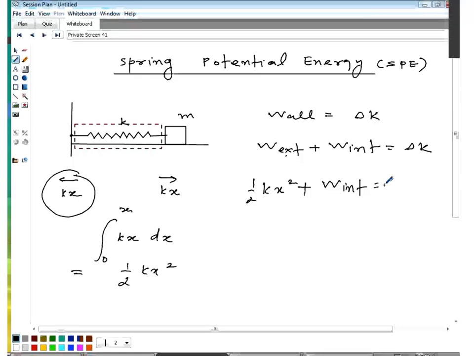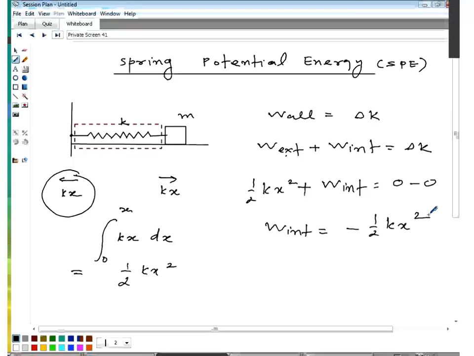If it has no mass of its own, then final kinetic energy is 0, and so is initial kinetic energy. That means W ext is minus half kx square.